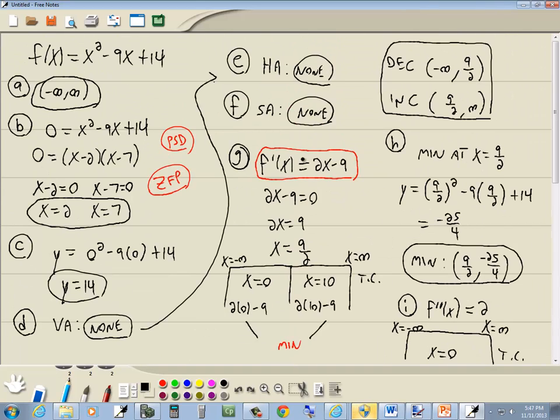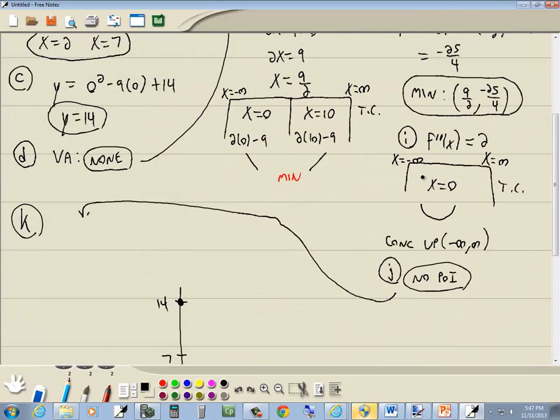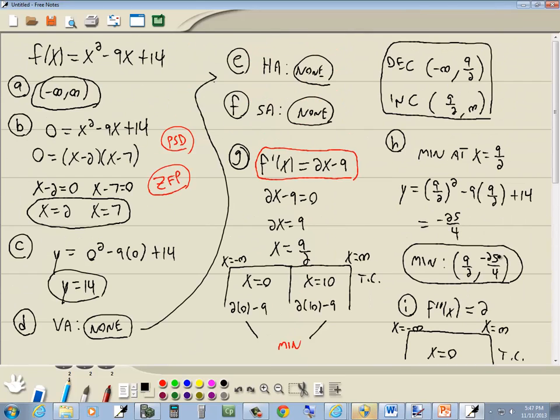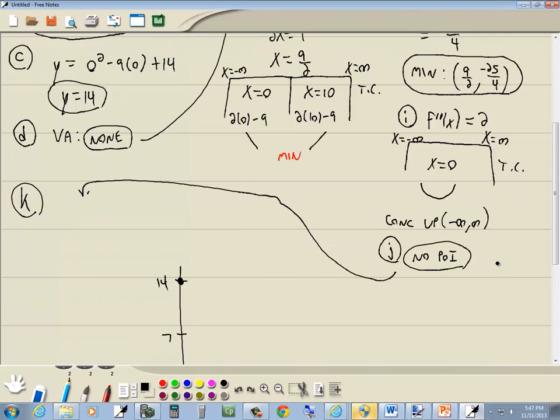Let's see, no asymptotes. It's decreasing to begin with and increasing, which makes sense to what we're seeing here. Decreasing and then increasing. Our minimum point is 9/2, which is 4.5, and negative 25 over 4, which is negative 6 1/4.